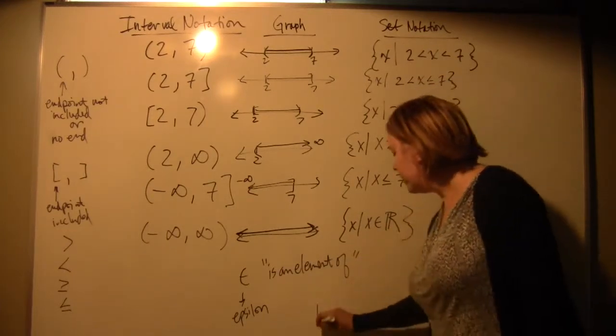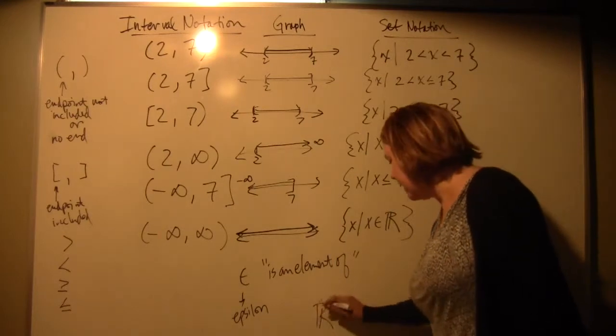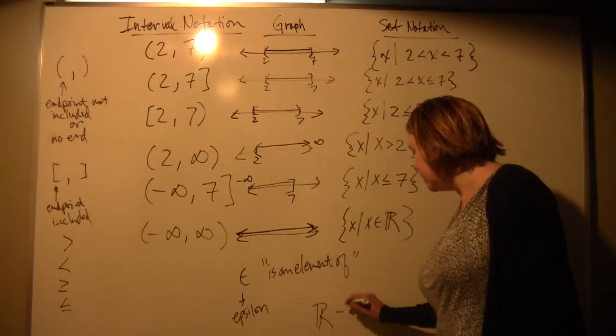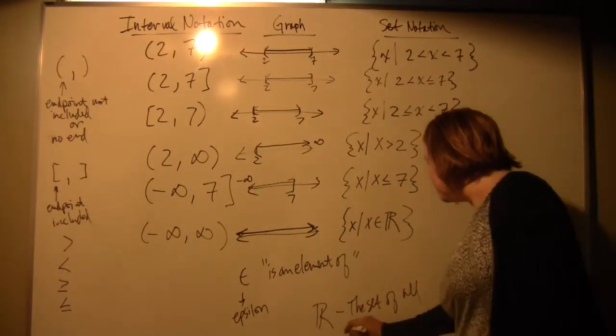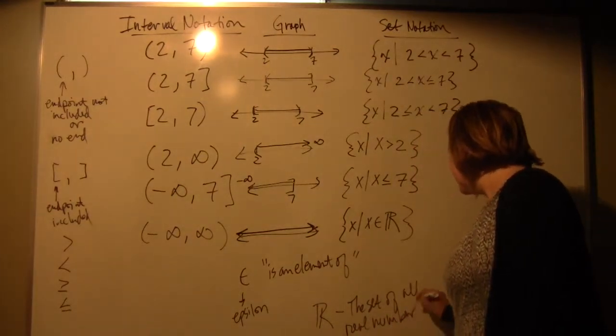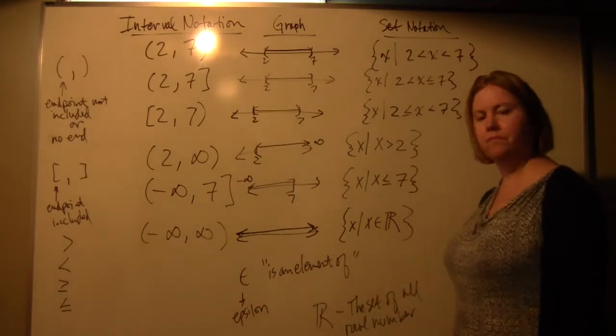And then this capital R with the two lines there to make the capital R is the set of all real numbers. So if you say that x is an element of the reals, you're saying it can be any real number.